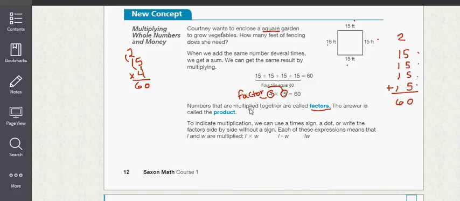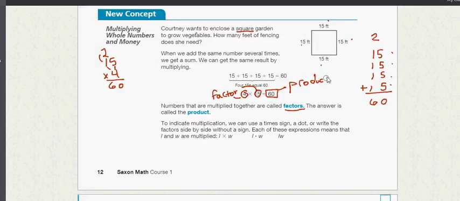What was the word we used for, in this case, 2 factors can go in either order to come to the same answer? Well, that word was commutative. And we'll say it's a commutative property of multiplication today, meaning we can put these in either order. We still get 60 as our answer to a multiplication problem. So we call that a product. The answer or solution to a multiplication problem is a product.